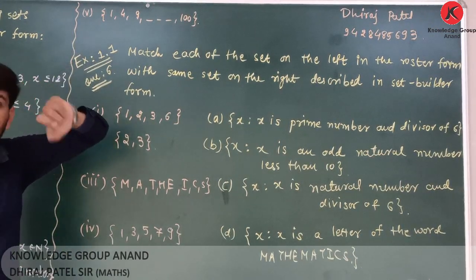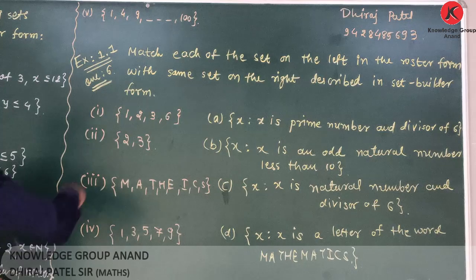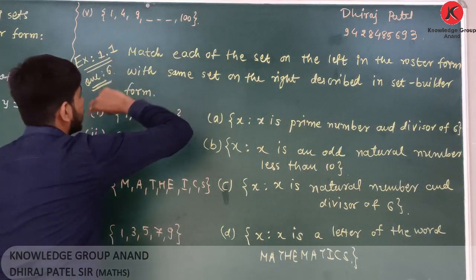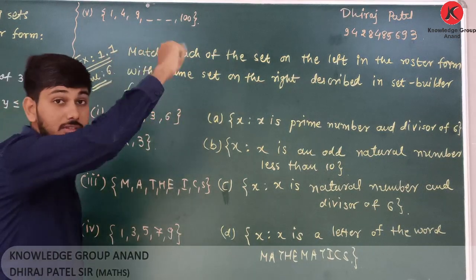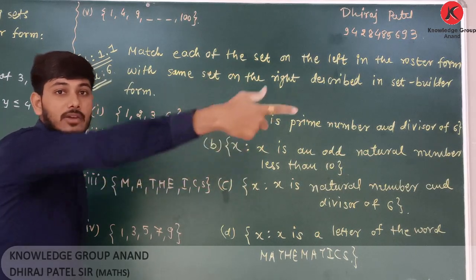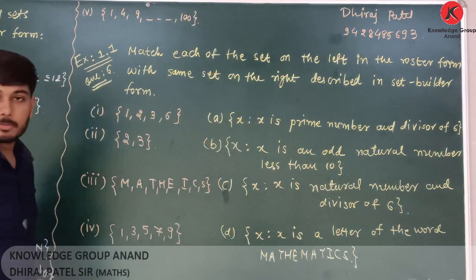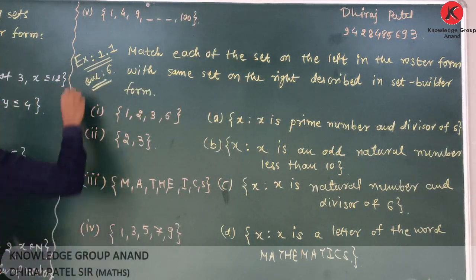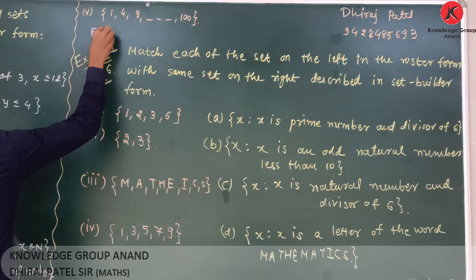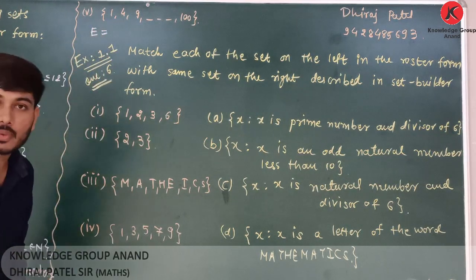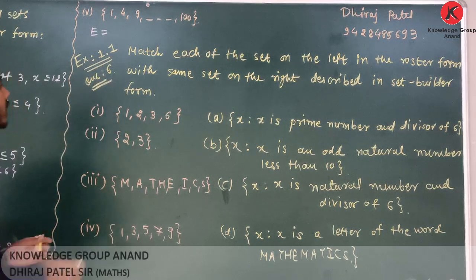Now, going to the fifth question. First of all, observe the pattern of these numbers: 1, 4, 9, next 16, 25, up to 100. Therefore, you can write, they are the perfect square numbers.